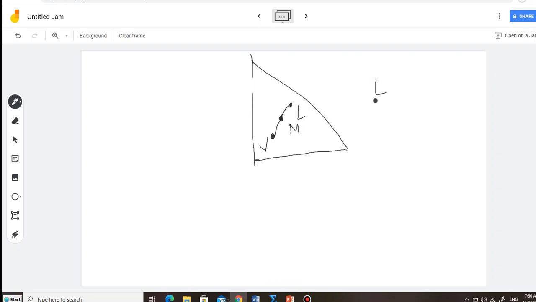So you can have L over M, for example, is equal to this one. If it's L, then I must be referring to V. So I will get this one and this one.